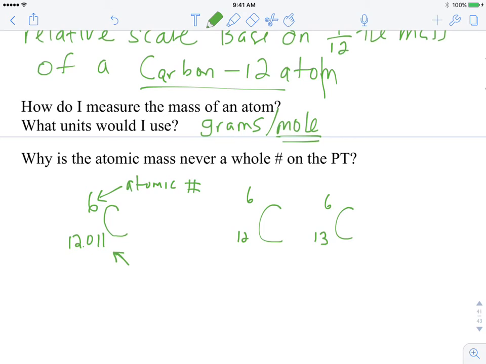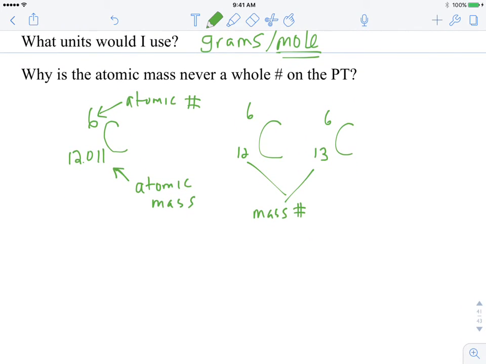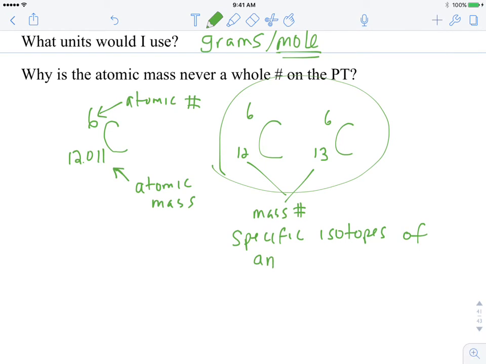This number with the decimal is called the atomic mass. These whole numbers here are called mass numbers. It may seem like, well, what's the difference? But there is a difference between them. The mass number, these symbols that I drew, is for specific isotopes of an element.